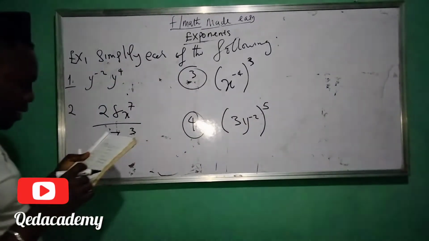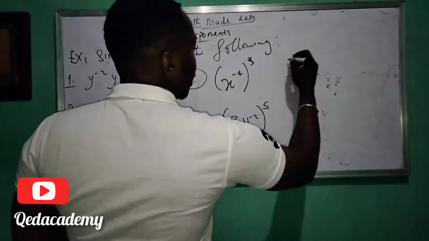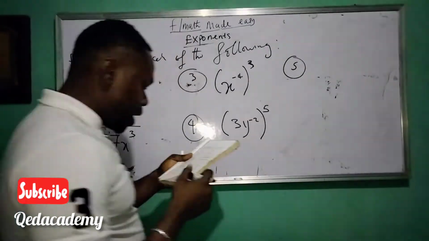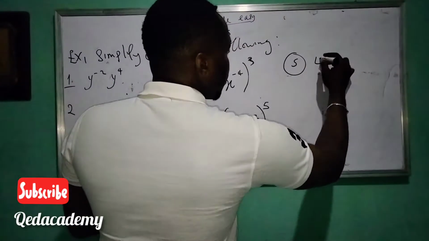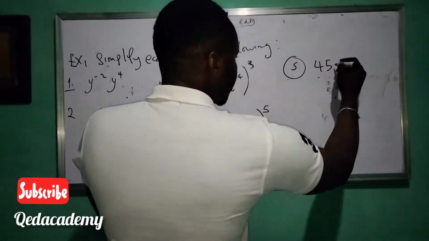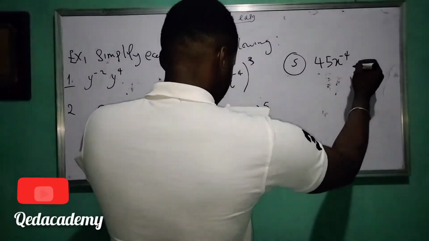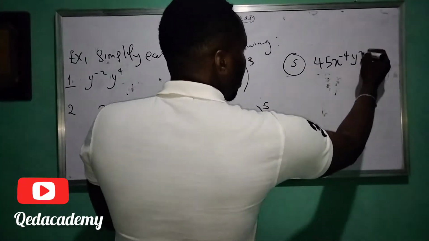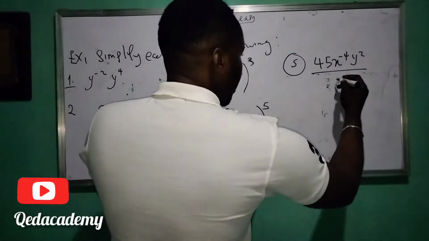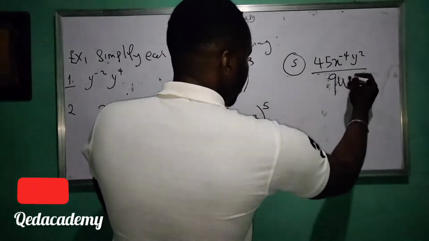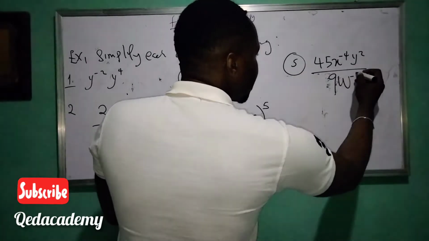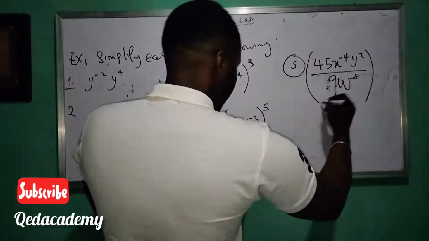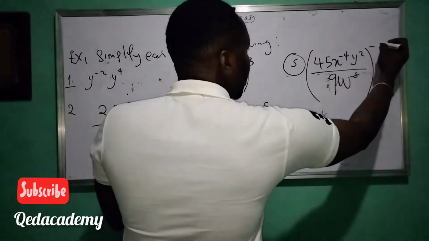The last example, number 5, will be 45 x raised to the power minus 4 y raised to the power 2, all over 9w raised to the power minus 8, all raised to the power of minus 3.